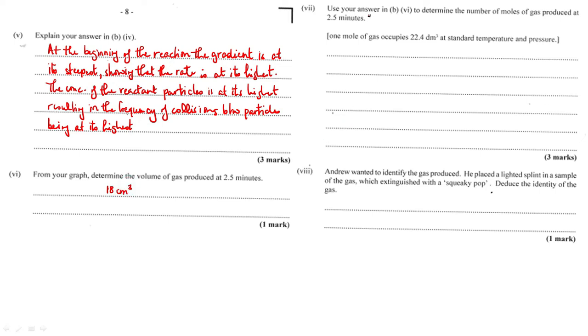Now it says use your answer in B4 to determine the number of moles of gas produced in 2.5 minutes. And it tells us the relationship here. They say 1 mole of gas occupies 22.4 cubic decimeters at standard temperature and pressure. So it's not so hard. Let's go.